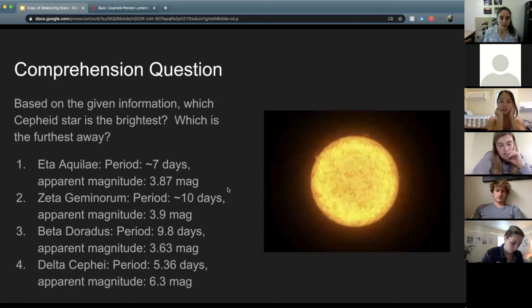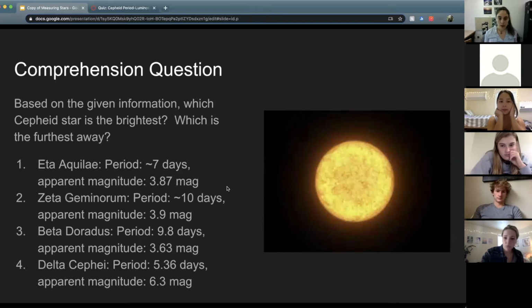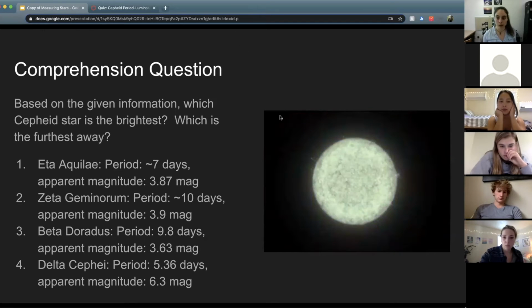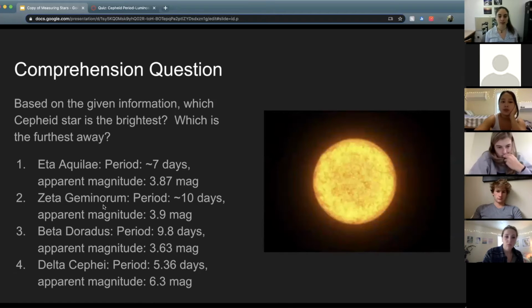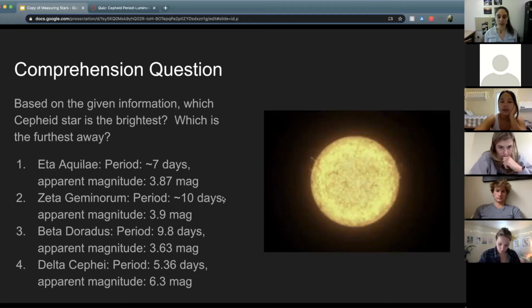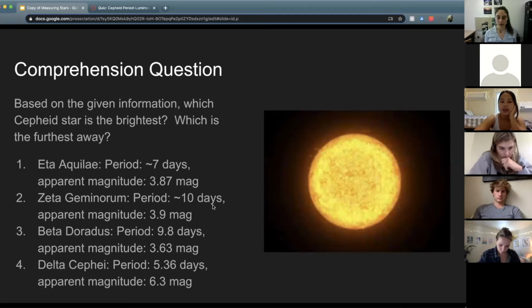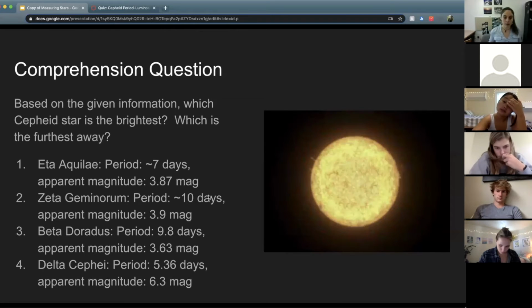What we can remember, the brightest Cepheids will have the longest periods. So the Cepheid with the longest period will be the brightest, which means Zeta Geminorum with the period of about 10 days is going to actually be our brightest Cepheid variable, even though its apparent magnitude isn't that different than the first three.